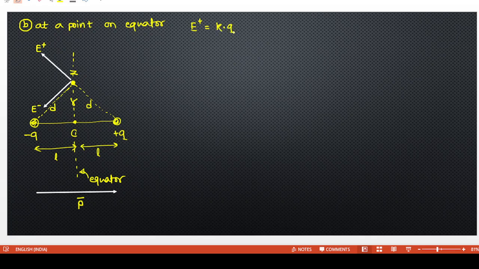K is k, q is q, r square is d square, and d square by Pythagoras is r square plus l square. This is r and this is l. So this is r square plus l square.